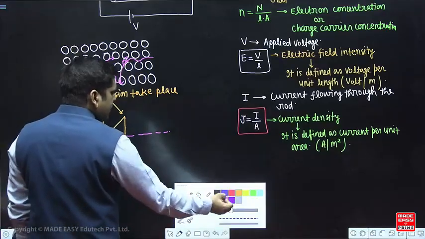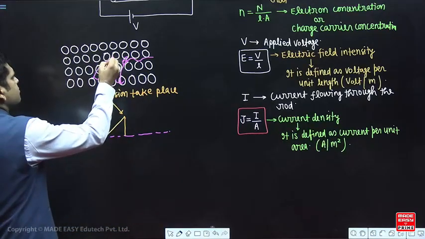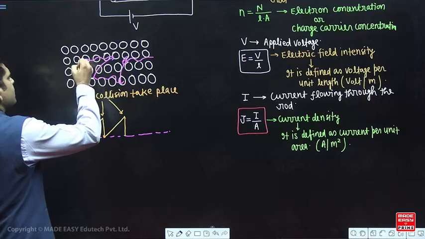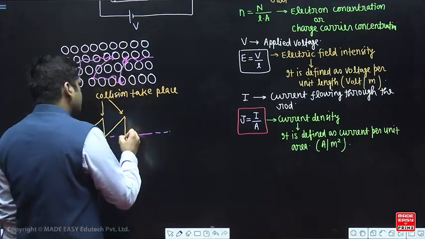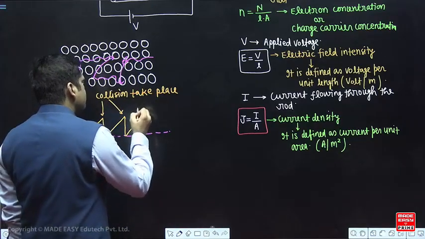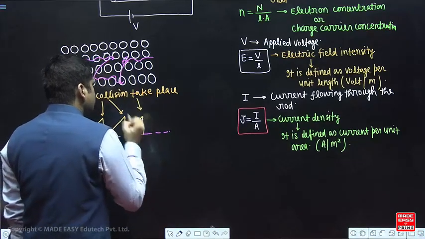Then here it again starts taking energy from the electric field, starts moving, and again collides and is scattered. Again its velocity keeps on increasing to a certain value, it collides and is scattered.